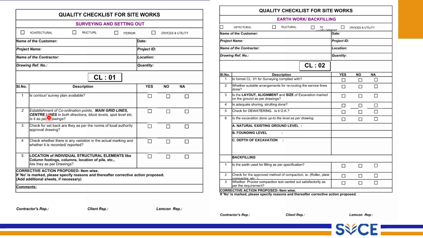It should have yes or no questions. So we always need to make sure that we prepare a checklist in that format: whether or not they are doing it, is it adequate, is the excavation done as per the level of the drawing, something like that.